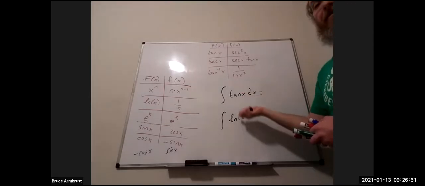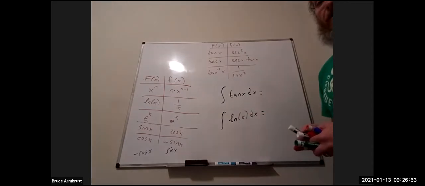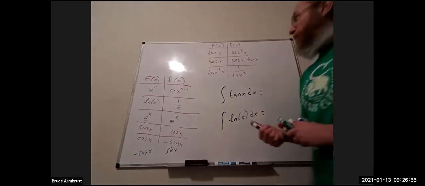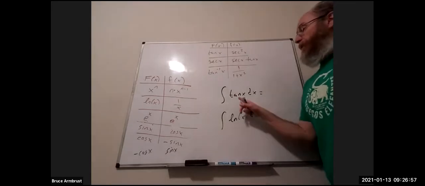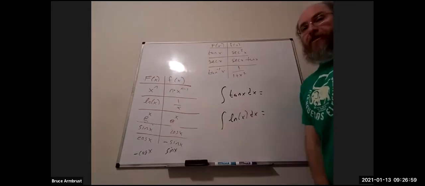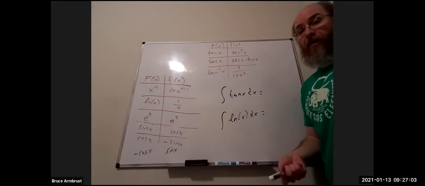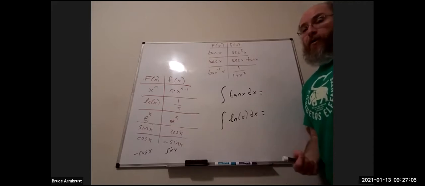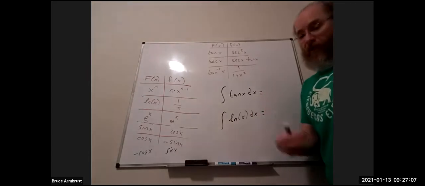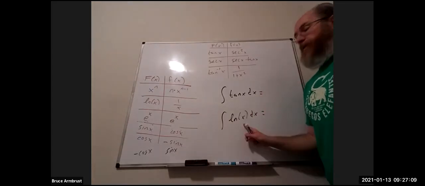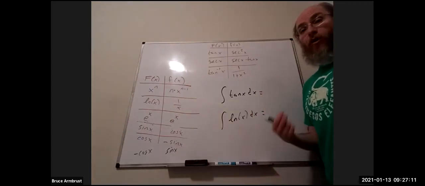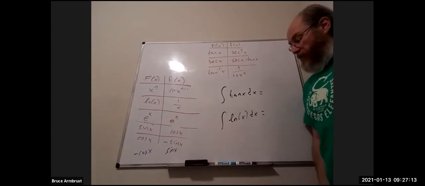These are relatively nice functions. But the problem is we don't have anything that we know whose derivative is tangent. Yes, we know the derivative of tangent, but we don't know a function whose derivative is tangent. And the same thing with natural log. We know its derivative, but we don't know a function whose derivative is natural log.